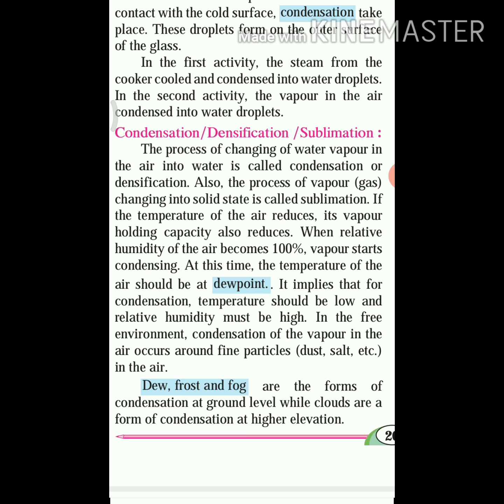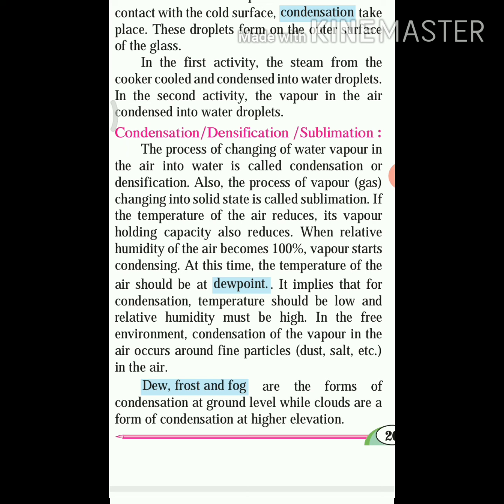Okay, now what do you mean by clouds? A visible mass of fine particles of ice and water accumulated around the dust particles in the air at high altitude is called cloud. Got it?